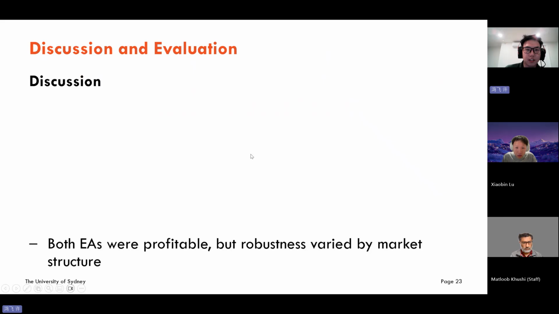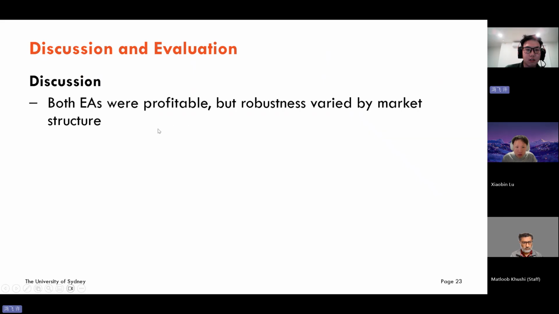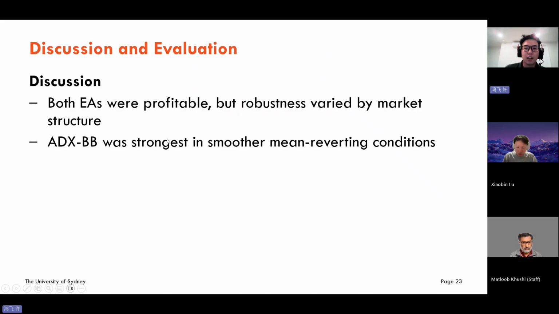So here's the discussion and evaluation. Both EAs were profitable, but robustness varied by market structure. In every market, I fine-tuned the parameters. I can't just use another market's parameters for another market, it will lose a lot of money.